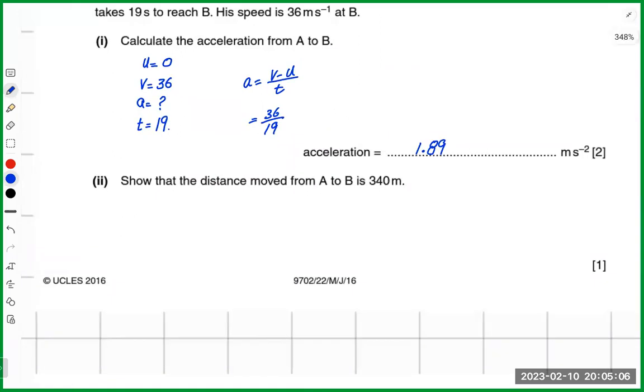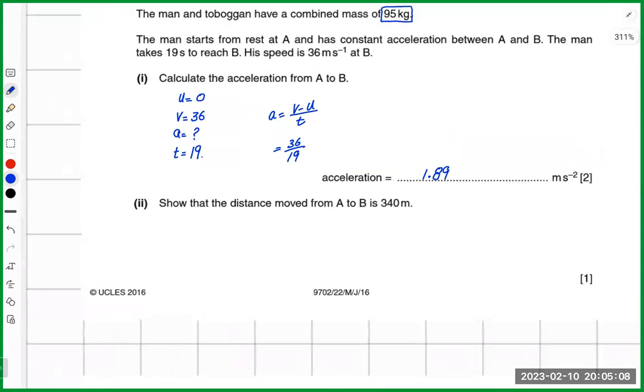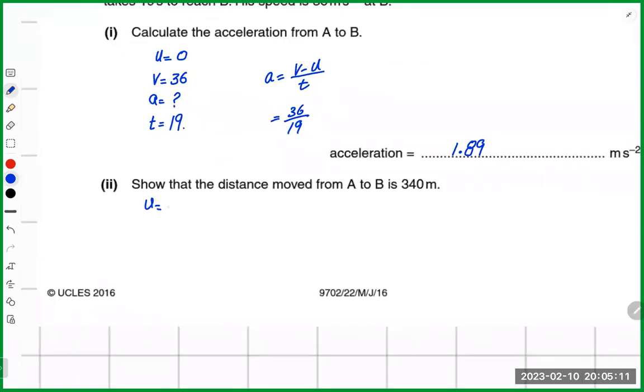U is 0, V is 36, T is 19, and we need distance. So what formula can we use?